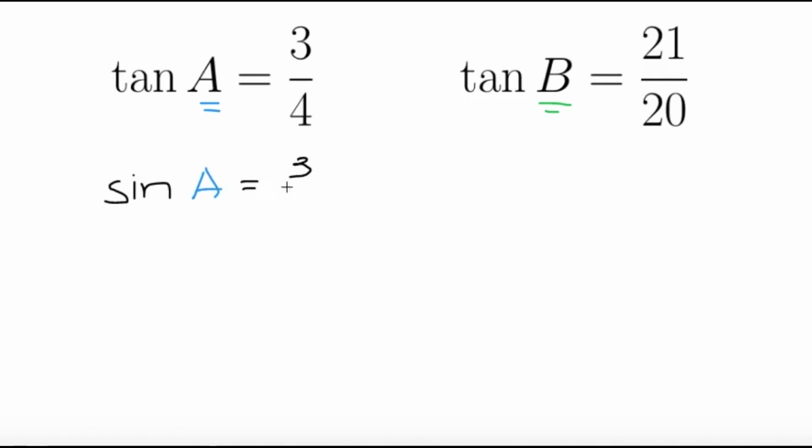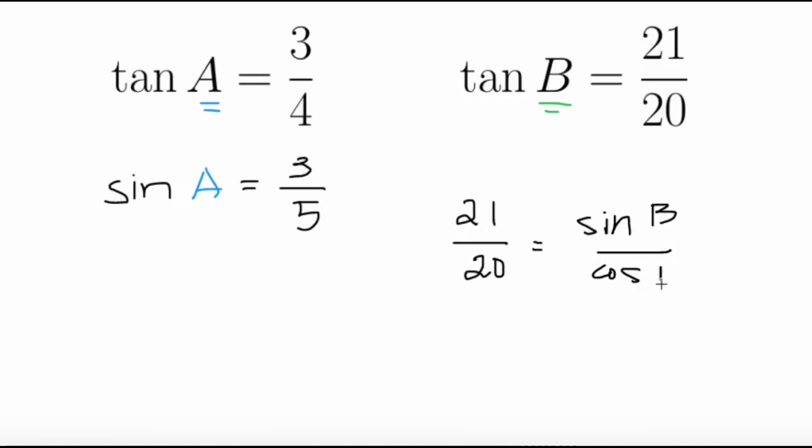Now similarly, we can do this for tangent of B. We know that tangent of B is 21/20, and this equals sine of B over cosine of B. Similarly, we have a famous Pythagorean triple, 20, 21, 29. These are sides of a right triangle.